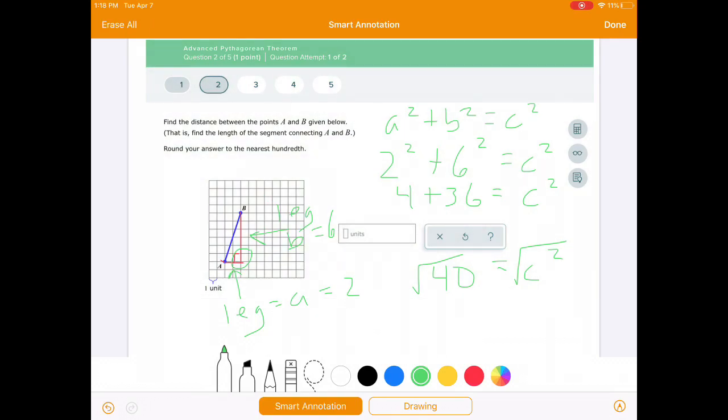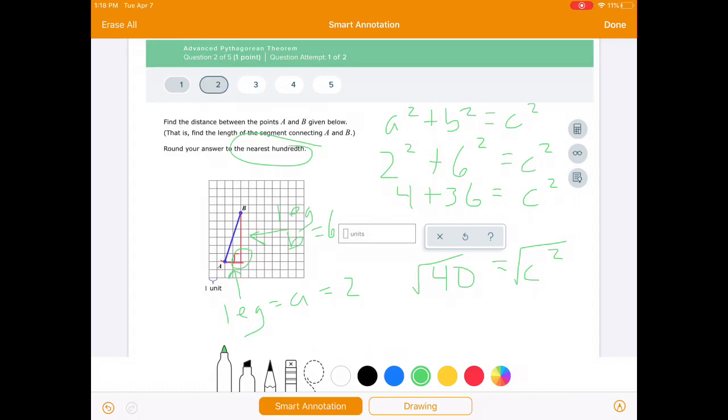Now this particular question says round your answer to the nearest hundredth. When you have a number like 40, which is not a perfect square, we're not going to have a whole number as our answer, so there's going to be some rounding involved. Pay attention to how the question asks you to round it. This says to the nearest hundredth.